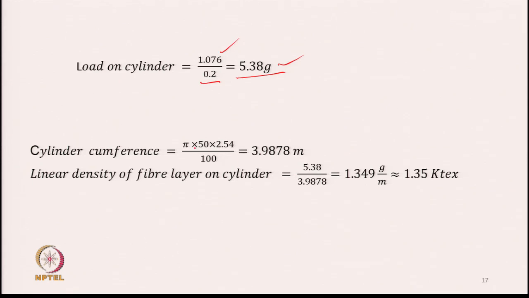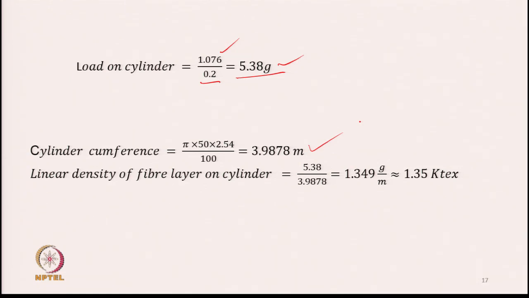So, we apply the formula pi d, pi into diameter of the cylinder, 50 inches multiplied by 2.54 becomes centimeters, that divided by 100 gives you the circumference of the cylinder in meters, which is 3.9878 meter. All right. So, the material which is there on the cylinder surface is 5.38 gram.